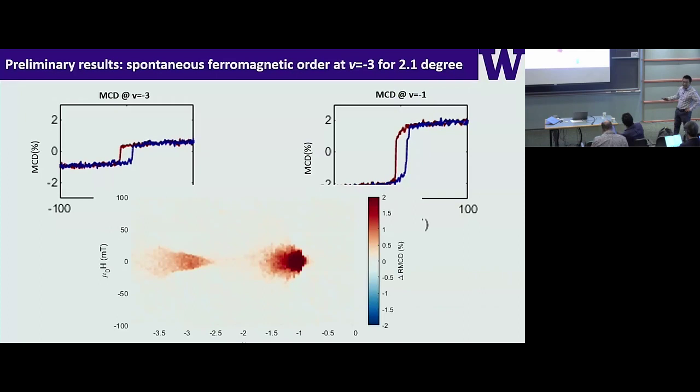There's a robust ferromagnetism. We know that for twist angle 3.7 degrees, the ferromagnetism actually stops at filling factor -1.2, sorry. But that's not the case for twist angle 2.1. The ferromagnetism can extend all the way beyond -1.5. So this suggests there might be something interesting there at three-half filling at the smaller twist angle.